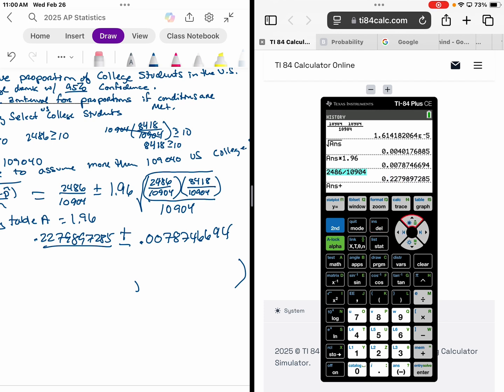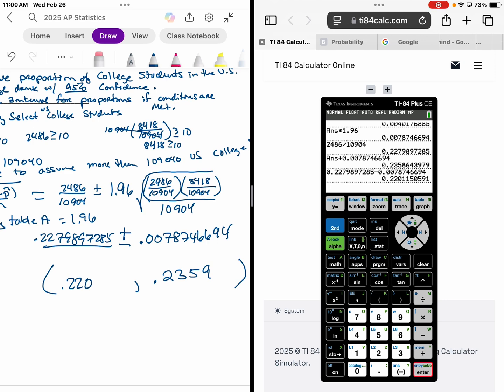I'm going to go back up here and grab that decimal, save myself time. And that gives me 0.2358.9. Round it. On the other one, we would say, all right, give me my 0.22, and then I'm going to subtract the 007, James Bond, and I get 0.2201. So there's my confidence interval.